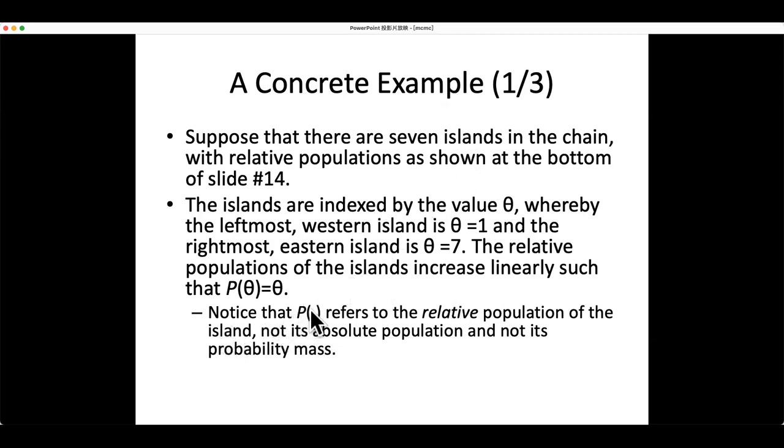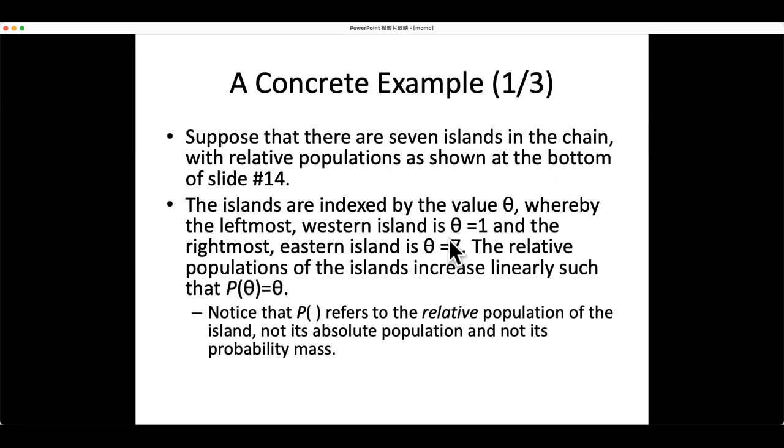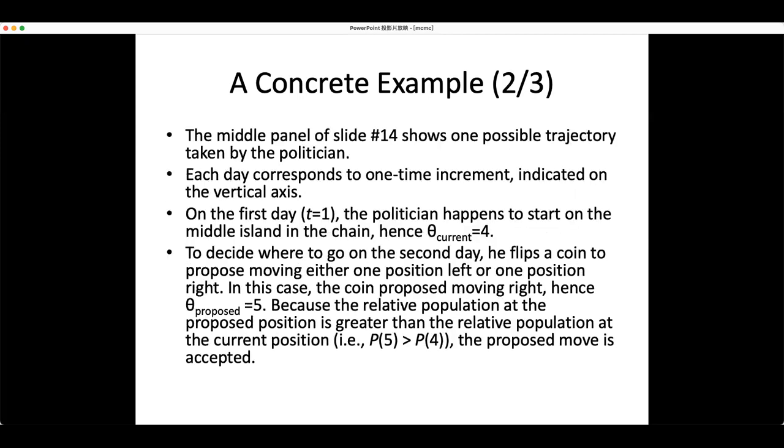So P in parentheses refers to the relative population of the island, just a ratio. That's good enough because we will decide to move or not based on the ratio, right? This is not the absolute population and not its probability mass.